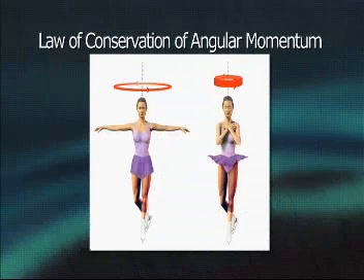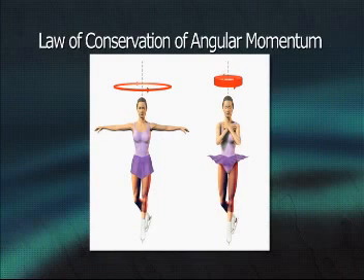The skater goes faster because of the law of conservation of angular momentum. Angular momentum is conserved when there is no net external torque.